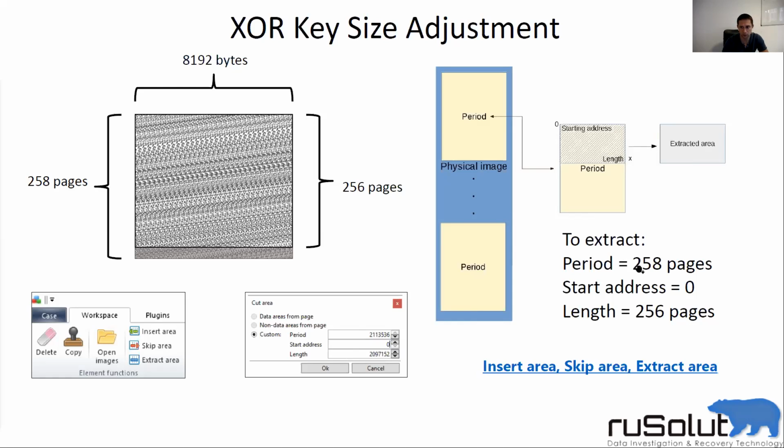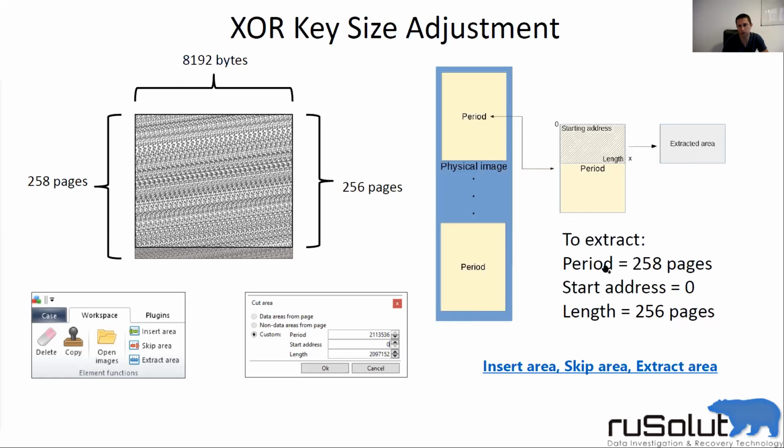So the period is going to be 258 pages, like a full dump, right? Because we are now extracting data from the XOR key. The XOR key size is 258 pages, and we want to extract this area only once from this full dump.